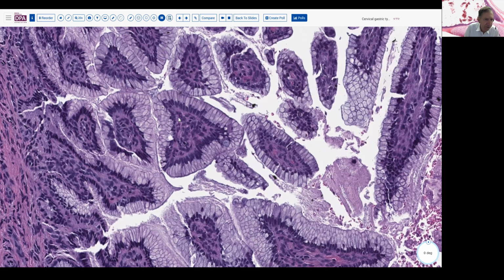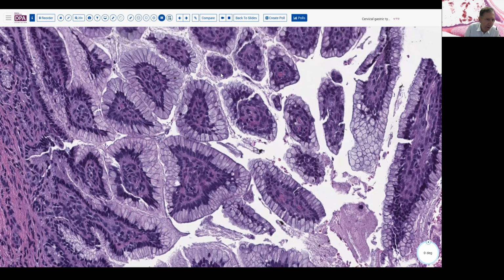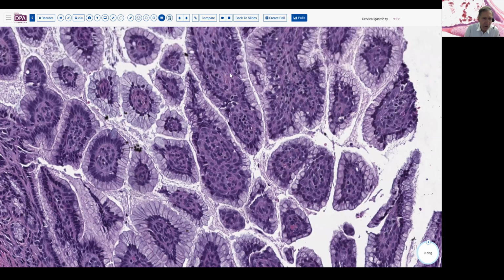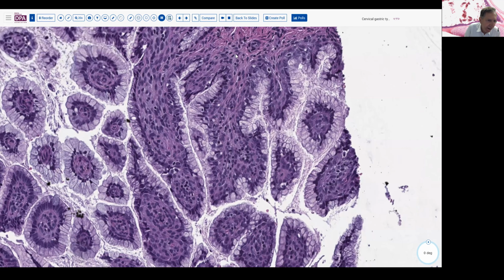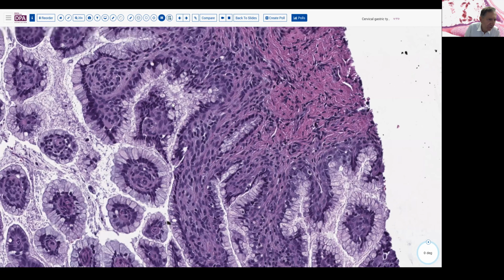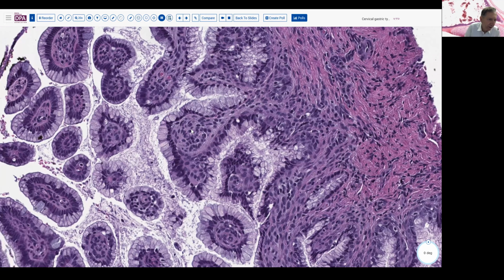Now, this is not the appearance of the usual endocervical adenocarcinoma, where we would see stratification of the nuclei, karyorectic debris, and so forth. This case was submitted as a gastric type adenocarcinoma, which is a non-HPV type endocervical adenocarcinoma.